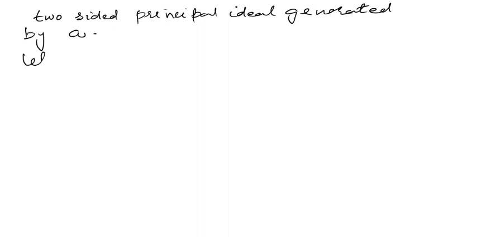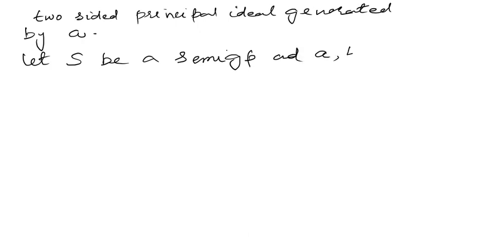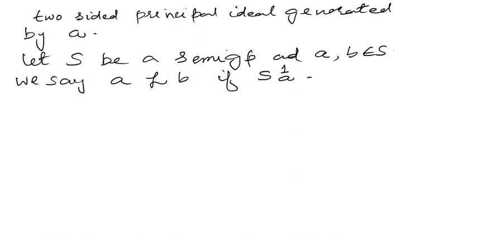So let S be a semigroup and a, b belong to S. We say a is L related to b, it's cursive L, if the principal left ideal generated by a and the principal left ideal generated by b are the same, if S^1 a is equal to S^1 b.